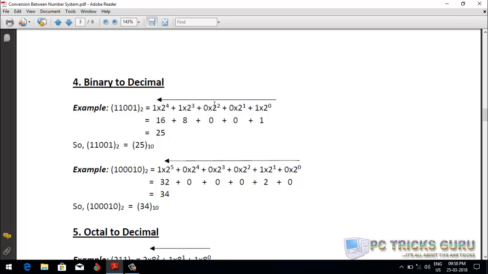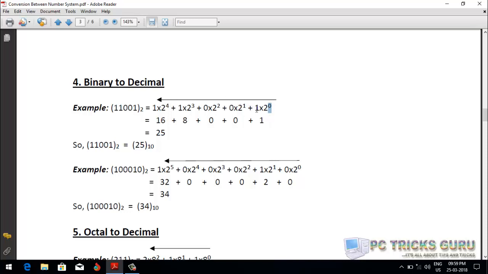So 1 0 0 1 1. Now after writing 1, we have to multiply it by 2 to the power 0. Remember, the power starts from 0 and then it increases by 1 as we go from right to left.